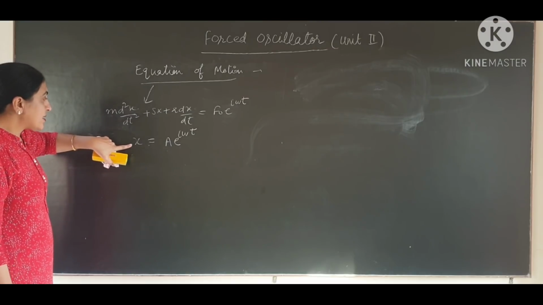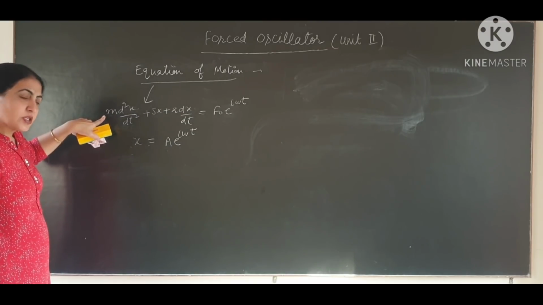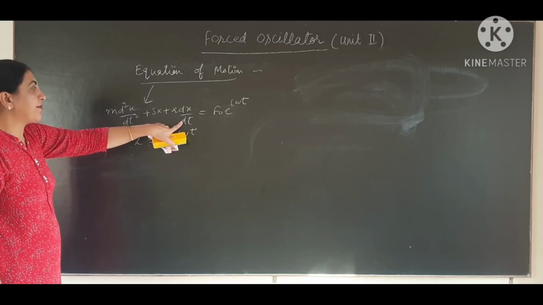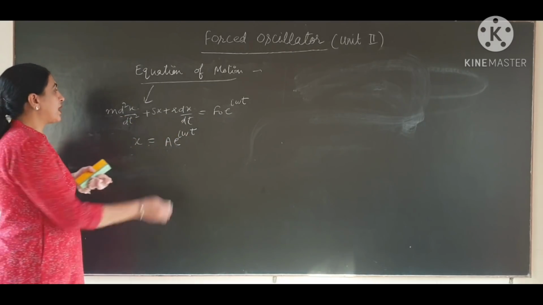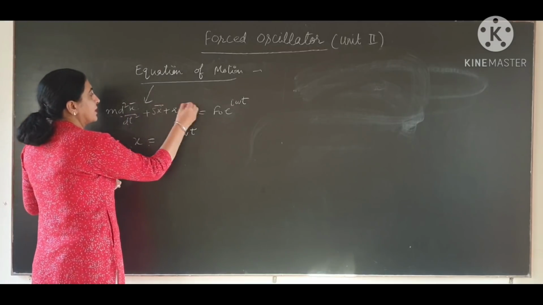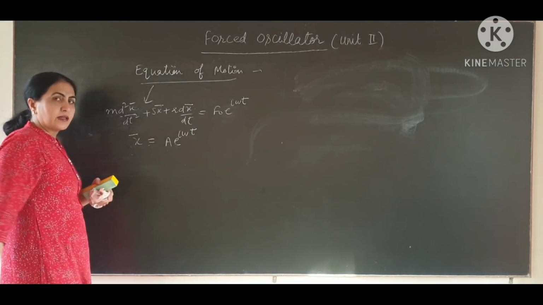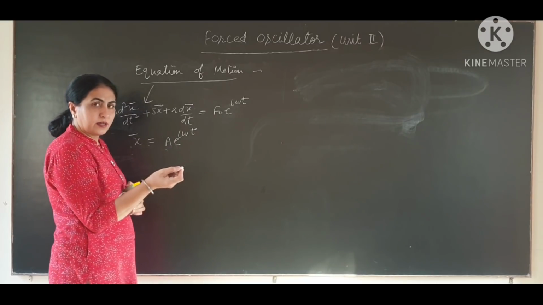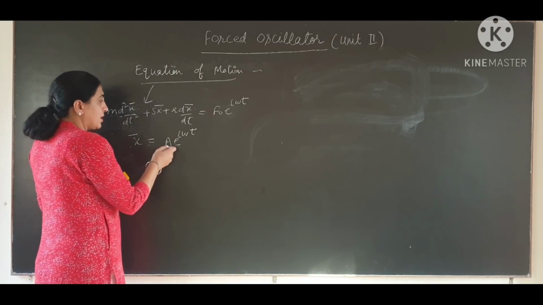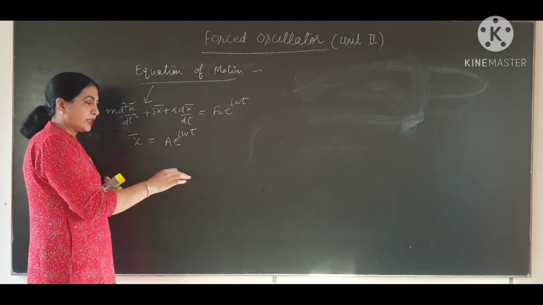This solution must satisfy the equation, so we find the first derivative and the second derivative and put in the values. You can also put a as a vector; we don't know whether a is a vector or a scalar quantity, which we come to know at the end.